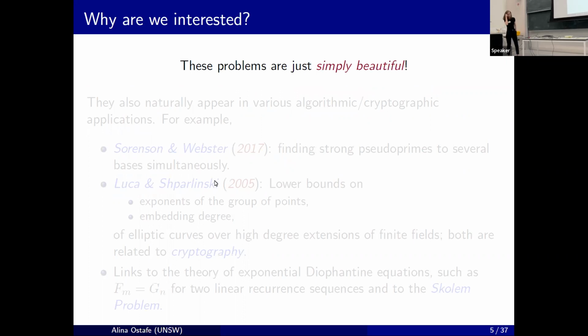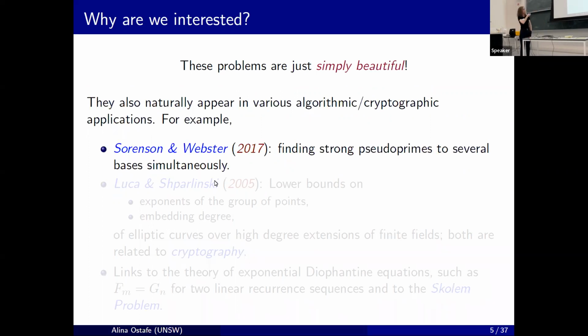So why are we interested in these problems? Well, I think they're just simply beautiful. So for me, I don't need further motivation, but having the opportunity to give this talk made me look for further applications of such results and problems to other algorithmic and cryptographic problems.